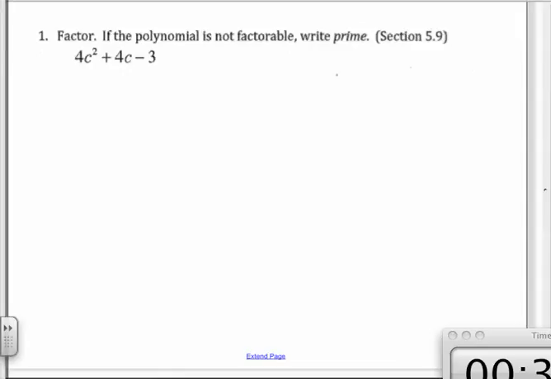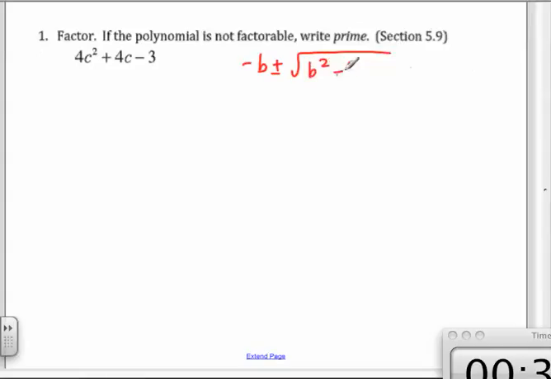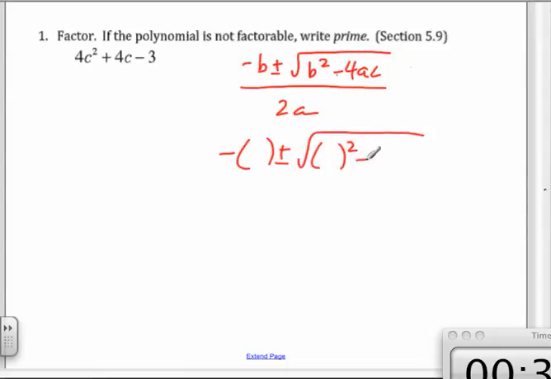So guys, I'm going to write the quadratic formula up here for us. That's minus b plus or minus the square root of b squared minus 4ac all over 2a. Then I'm going to write it with parentheses so that I can fill it in just a minute. Remember, we use this to work backwards to find out what our factors are.